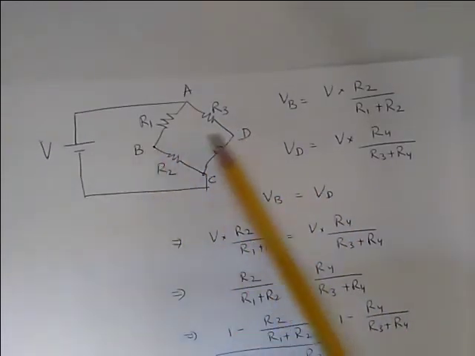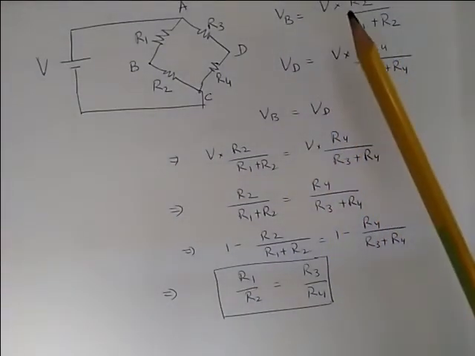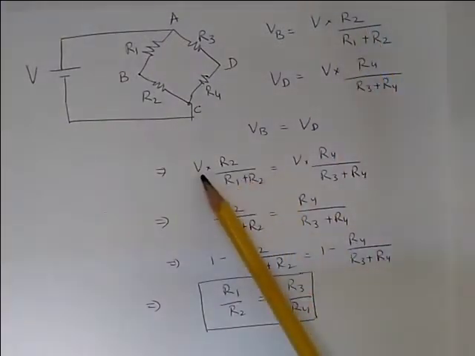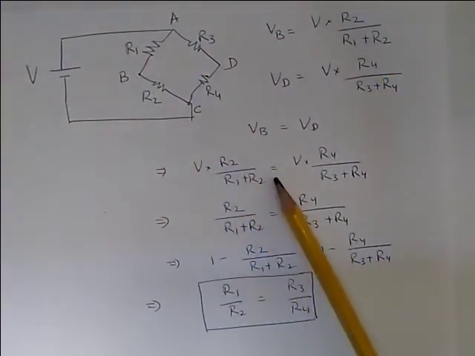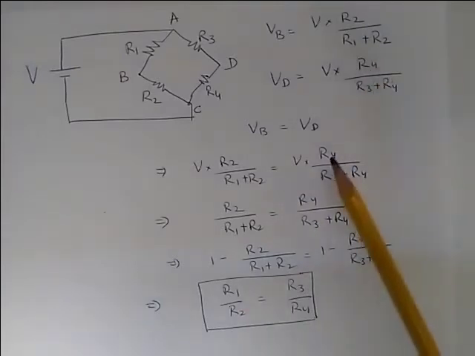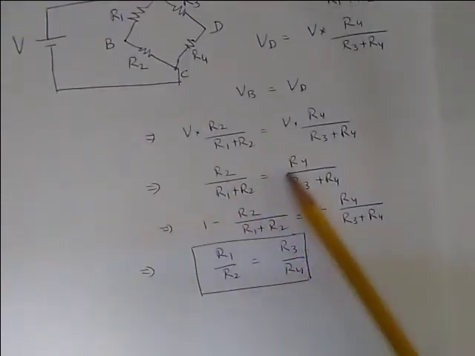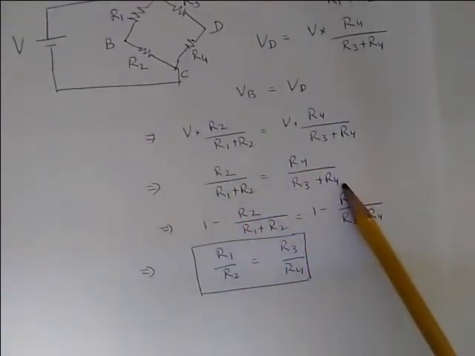Same voltage, so there is no current flow between B and D. And we substitute the value of VB and VD from here, and we get V multiplied by R2 divided by R1 plus R2 is equal to V multiplied by R4 divided by R3 plus R4. V cancel out, so we get R2 divided by R1 plus R2 equal to R4 divided by R3 plus R4.